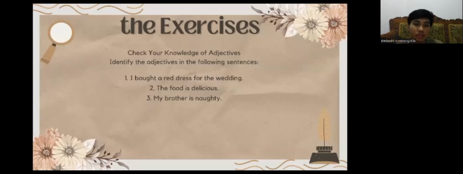So this is the exercise on adjectives. Identify the adjectives in the following sentences. Number one, I bought the red dress for the wedding. The adjective in this sentence is red, which describes the dress. Number two, the food is delicious.